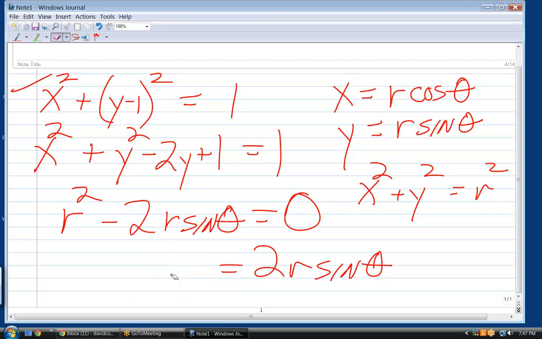Oh, I see the other way we would do this. Well, let me go back and do it the way I was going to do it. The proper algebraic way here is not to divide both sides by r. The proper algebraic way is to do this.